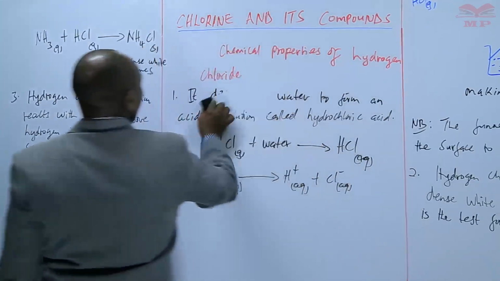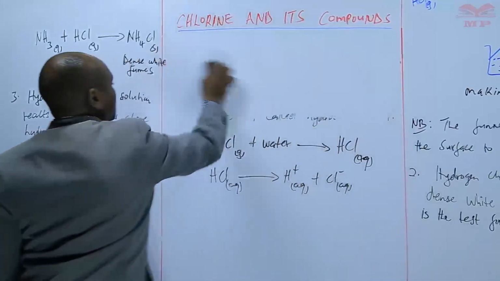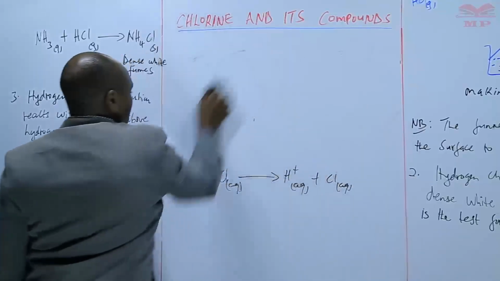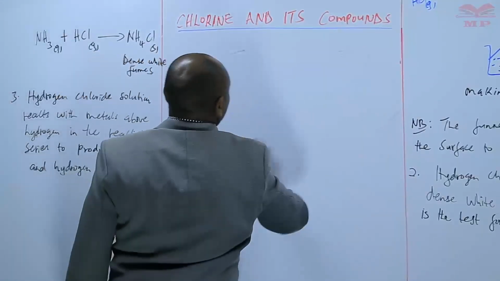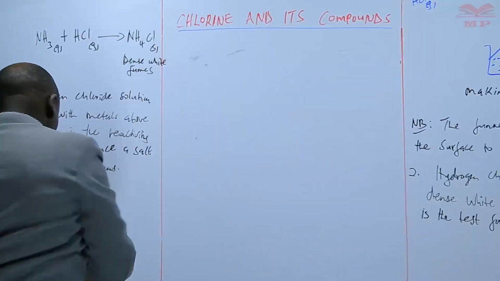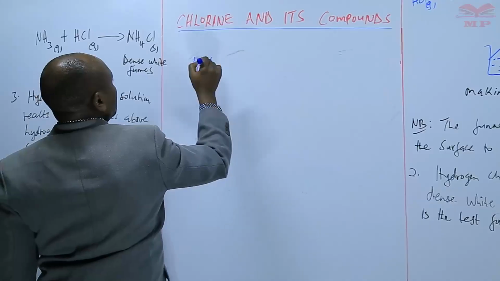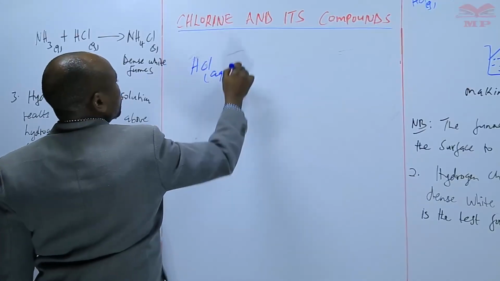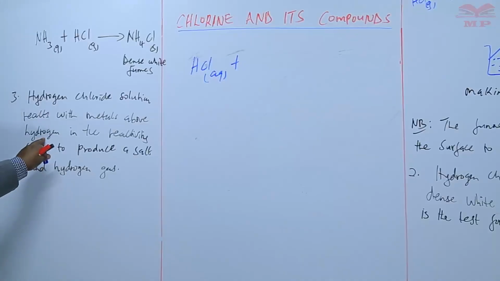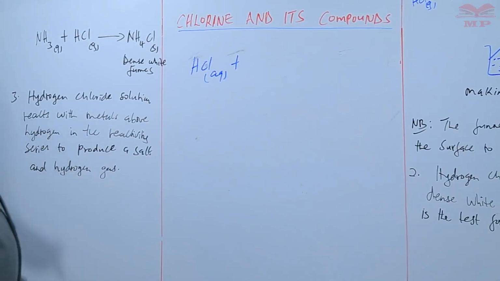So HCl solution plus any metal that is above hydrogen in the reactivity series will produce a salt and hydrogen gas.